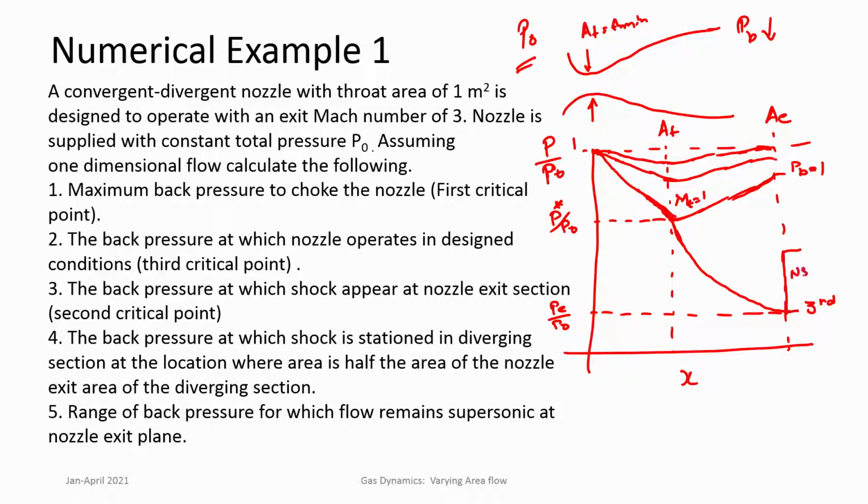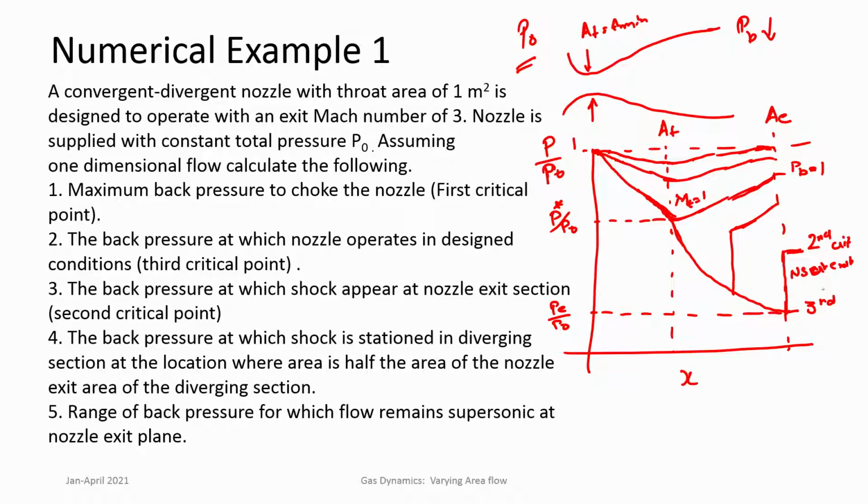So normal shock at exit, that particular location is the second critical point. In between the second critical point and the first critical point, shock can be located anywhere inside the nozzle. And after the shock, so shock is an entropy generating process, across the shock there is entropy generation, but after that you can consider an isentropic process again.